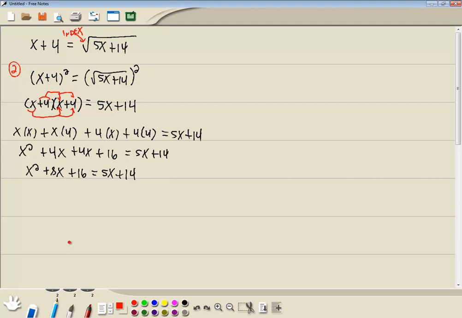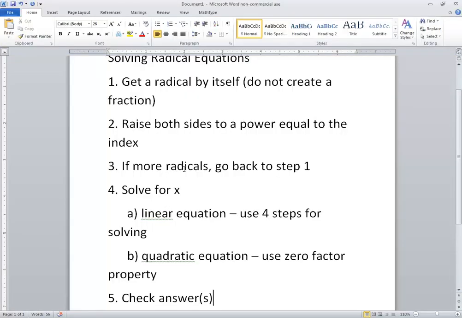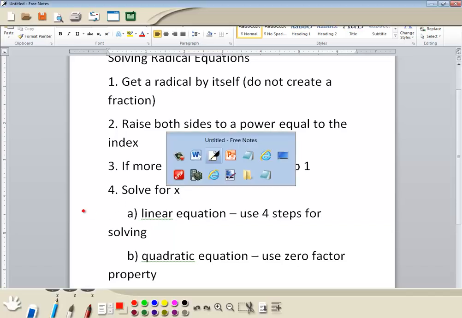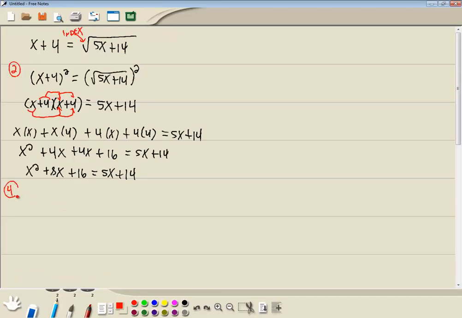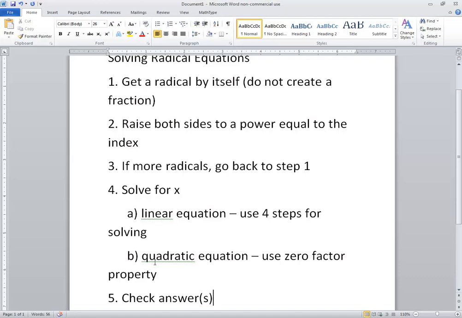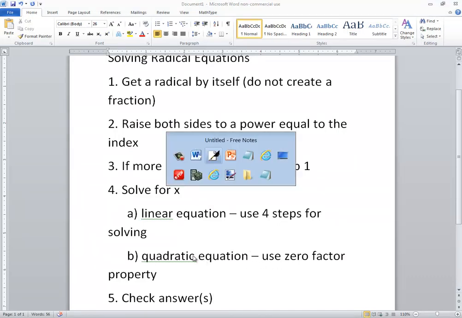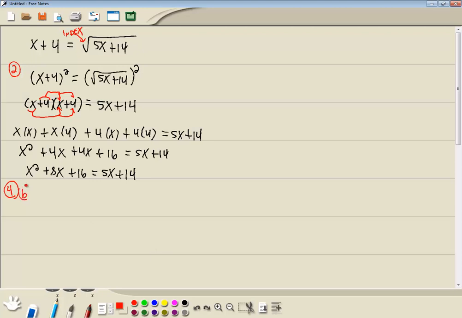Step 3. If you have more radicals, go back to step number 1. We don't have any more, so we'll go to step 4. Solve for x. Now specifically this one is a quadratic equation, and it tells us to use the zero factor property. The reason why it's a quadratic is because we've got an x squared. With the zero factor property, you want to get 0 on one side. So I'll take the 5x, move it over, and I'll take the 14 and move it over.